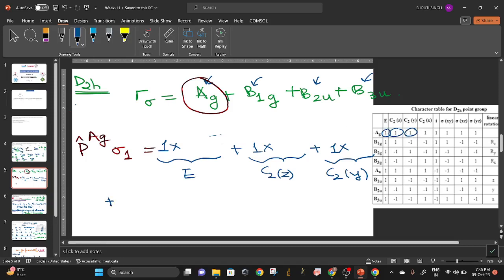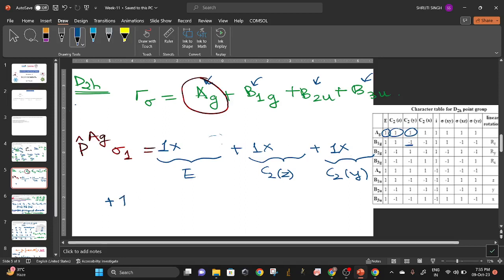If it would have been -1, I would have written -1 here. So where will -1 come? See, here is -1, right? For B1g, the third term will be multiplied by -1. So this is important: we have to multiply by the character of the representation.